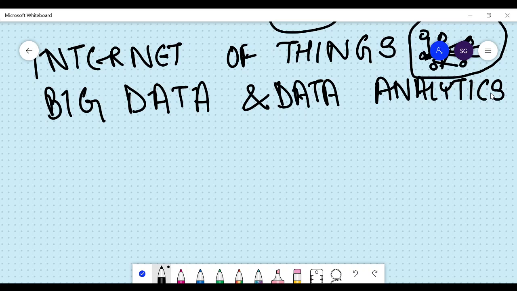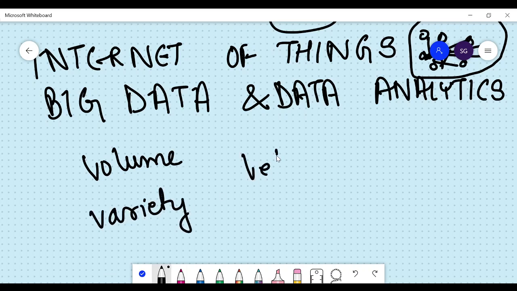Gartner has defined big data as high volume, high variety, and high velocity data or information that demand cost-effective, innovative forms of information processing that enable enhanced insight, decision-making, and process automation.